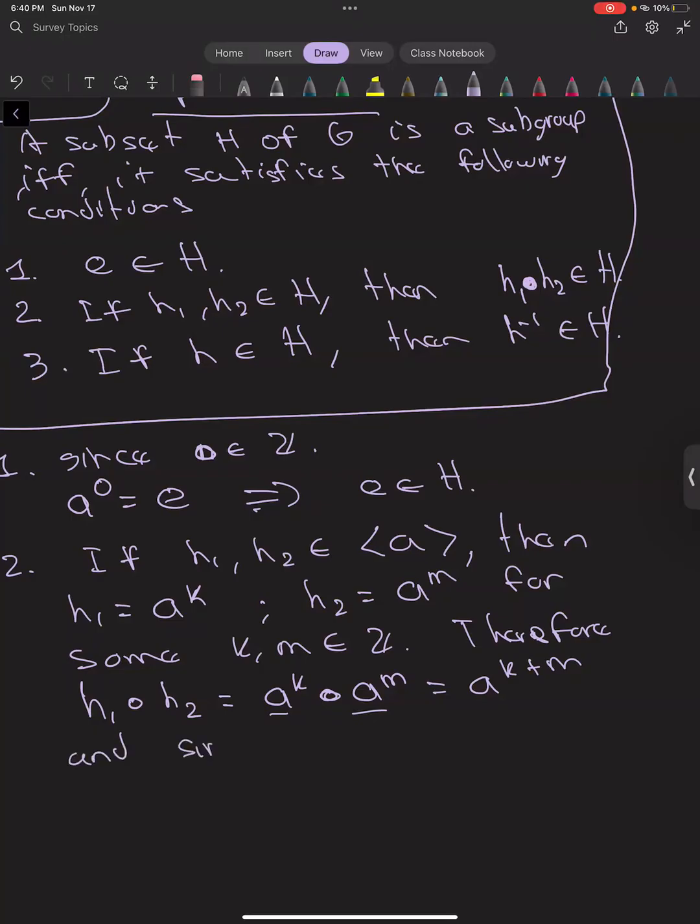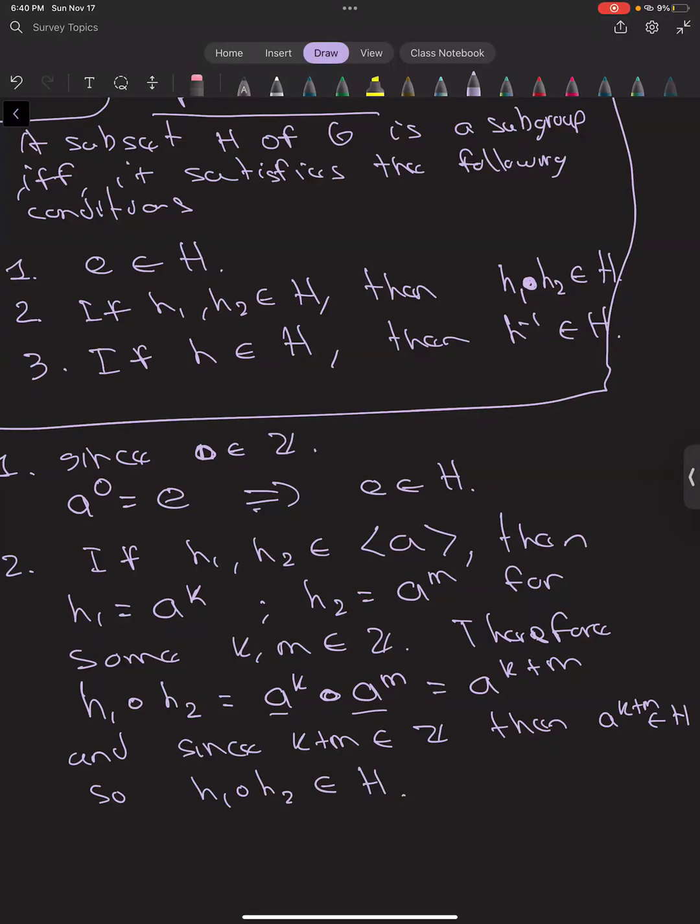Since k plus m belongs to the integers, a^(k+m) belongs to H, so h1 operation h2 belongs to H.